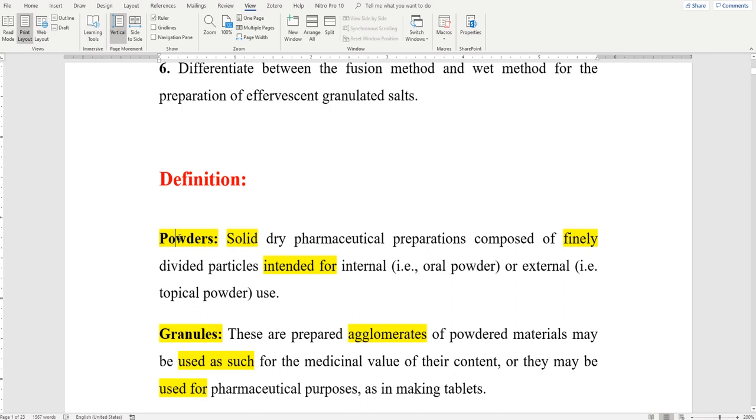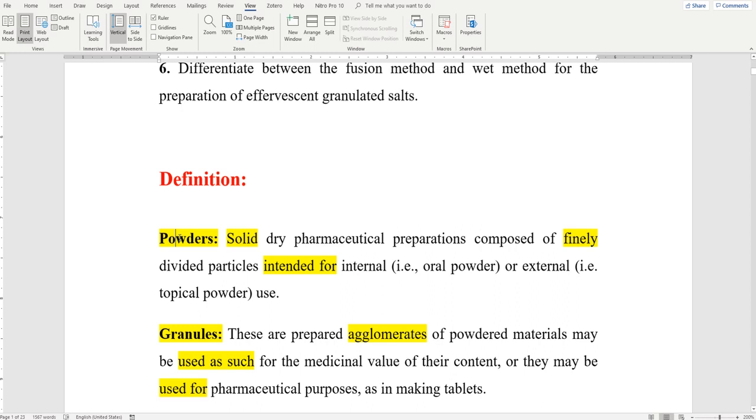So I'm talking about things like what you have in the house, for example, the table salt. It's a powder. It's composed of finely divided particles. But of course, the table salt is not actually a medicine, but from this definition, you can imagine this dosage form.